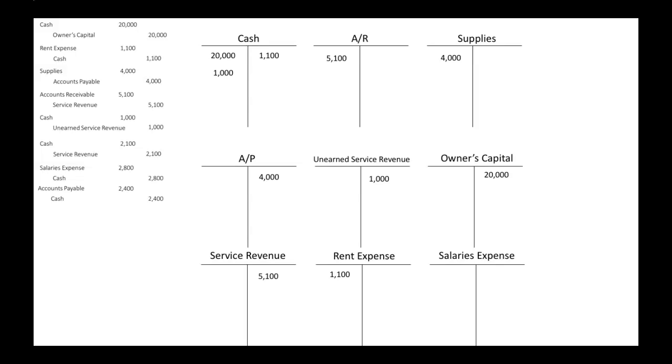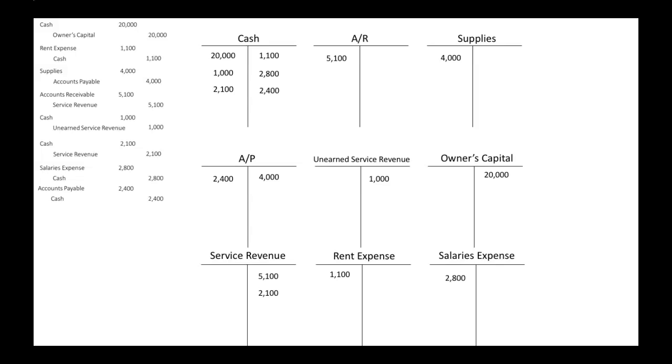Then debited cash $2,100 and credited service revenue $2,100. We can put those into their T accounts. Then we debited salaries expense and credited cash $2,800. And then our last entry, we debited accounts payable and credited cash for $2,400.